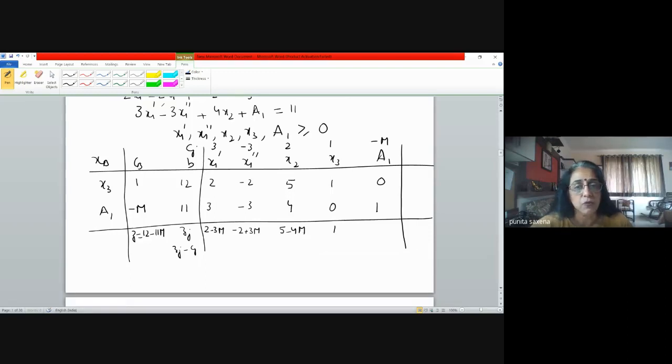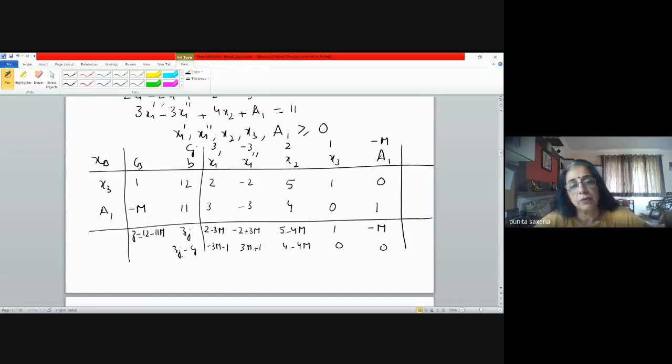This is going to be 1 and this is going to be minus M. Is that okay? Now zj minus cj. 2 minus 3M minus 3. So that makes it minus 3M minus 1. Minus 2 plus 3M plus 3. That makes it 3M plus 1. Then this makes it 4 minus 4M. This makes it 0 and 0.